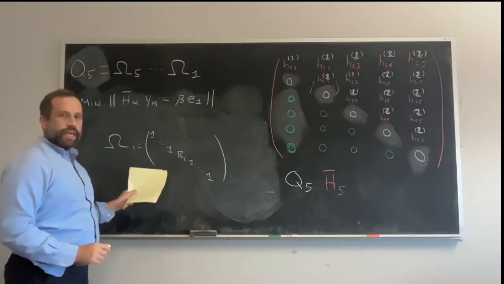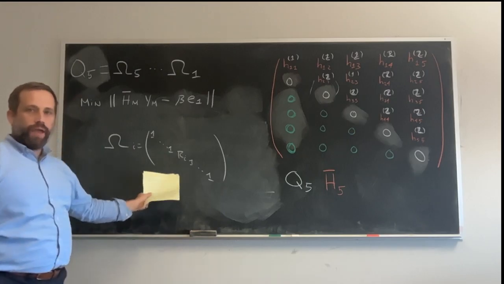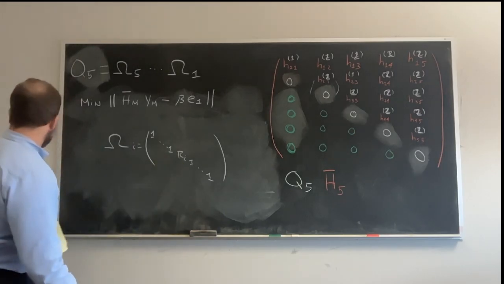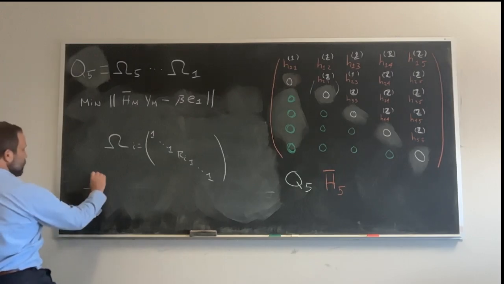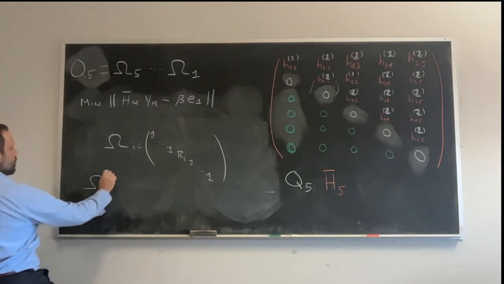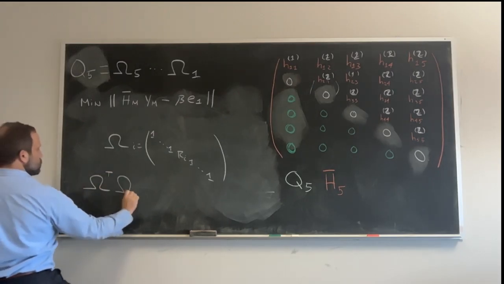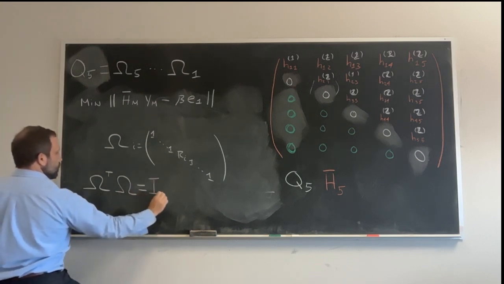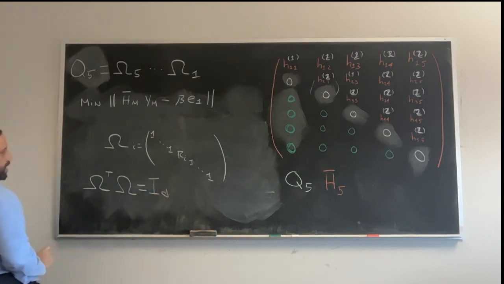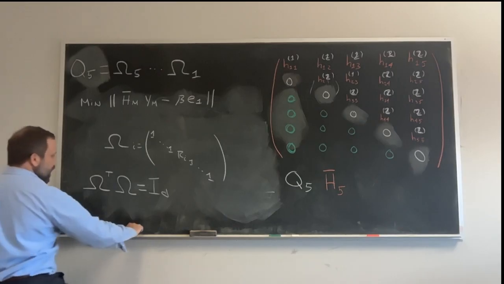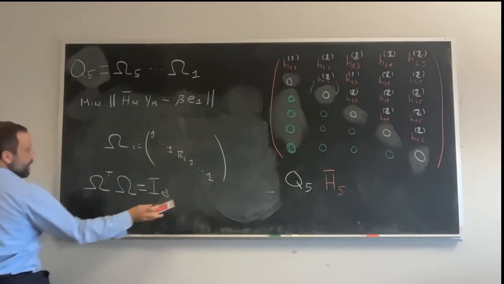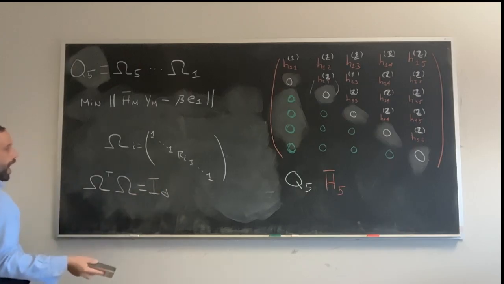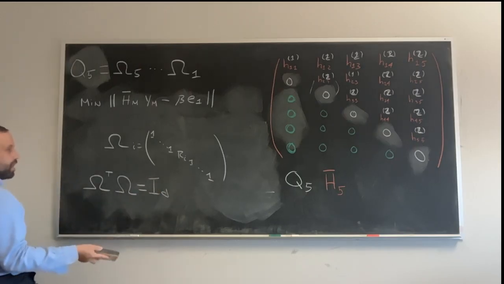But all of these are unitary, by the construction of Ri, meaning omega transpose omega is equal to the identity matrix. The main reason that's true, and you can verify this for yourself, is that each of these Ri's is a unitary matrix, meaning the columns are orthonormal.